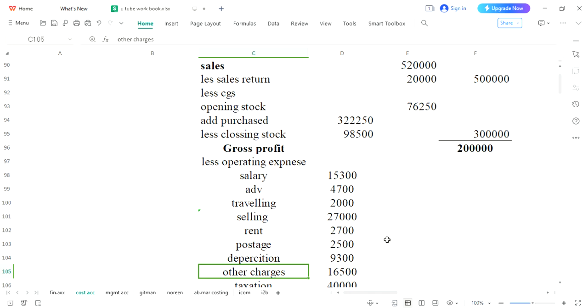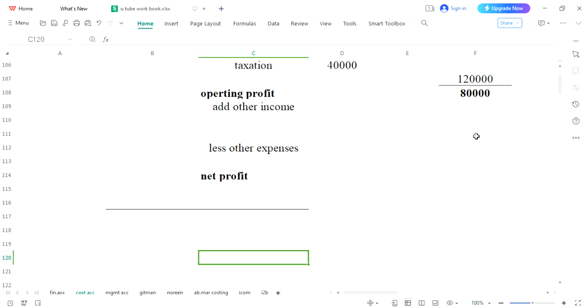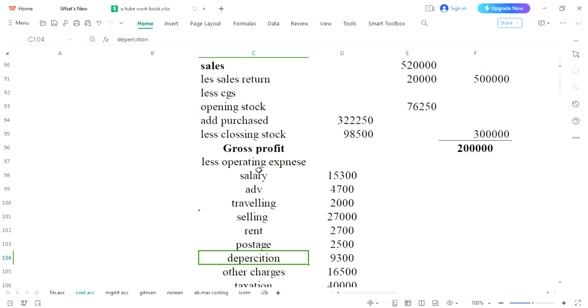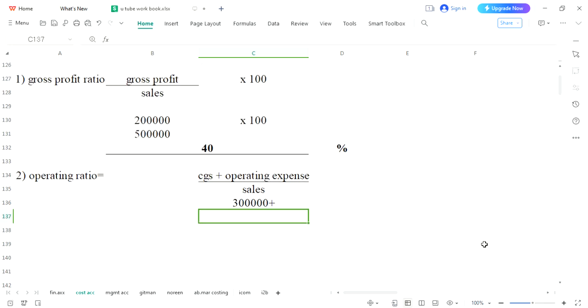It is a little easy for us now, because look at here, this is our CGS, and the answer of this CGS was calculated over here. How did you calculate it? Opening stock plus purchases minus closing stock. You have got your CGS, which is 3 lakh. So here put 3 lakh, and then you need to put operating expenses, and the heading is already available. Look, operating expenses, and the sum of these operating expenses is 1,20,000. You have already calculated it.